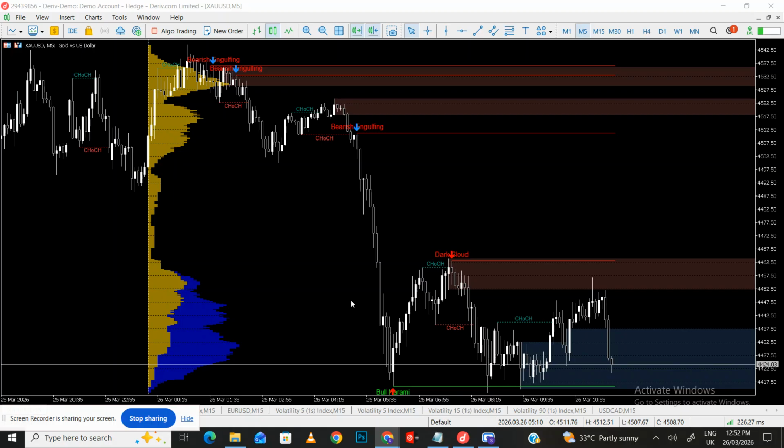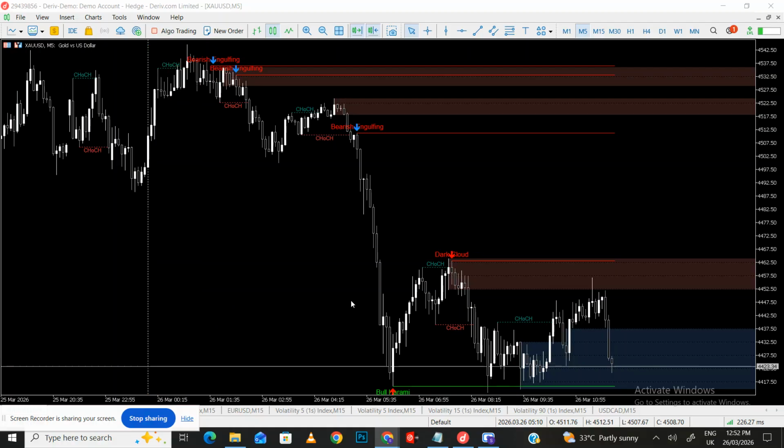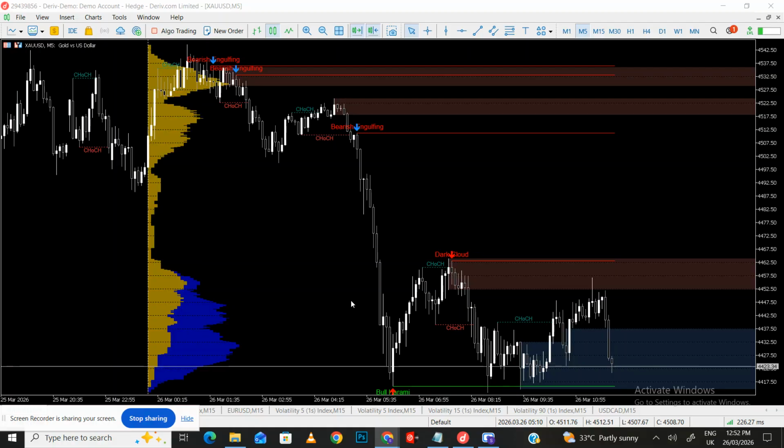And what you can see in the chart right now is a combination of three indicators. The first one, with blue and gold color, is called the market profile indicator.